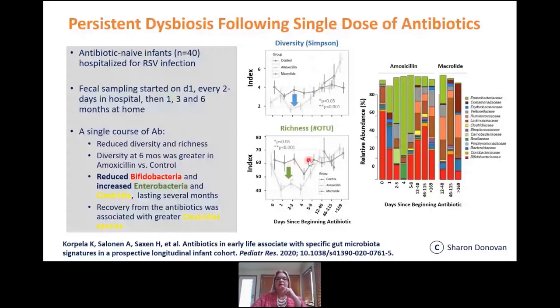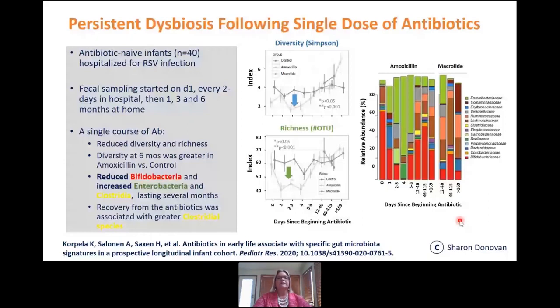It reduced the abundance of the bifidobacteria, shown here in red, and increased enterobacteria and Clostridium. Even at a year, antibiotic exposure was associated with increased Clostridium. So the take-home message is that even a single dose of antibiotic in early life can have long-term implications for dysbiosis.